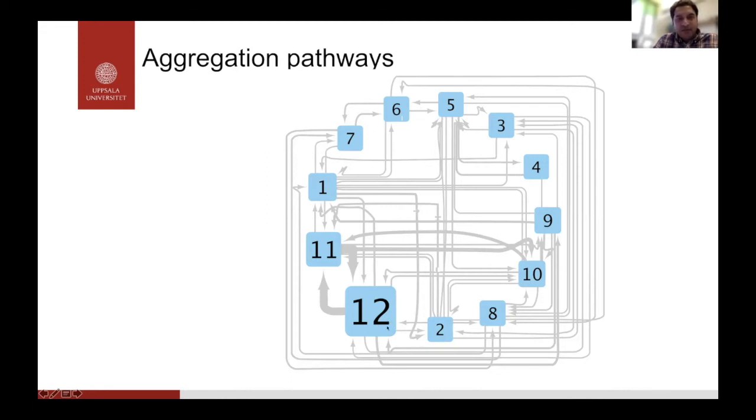The size of the boxes shows how frequently they occur in the simulation box, and the arrows show when one aggregate state goes into another aggregation state. The thickness of the arrows represents how many times this type of state conversion occurs.